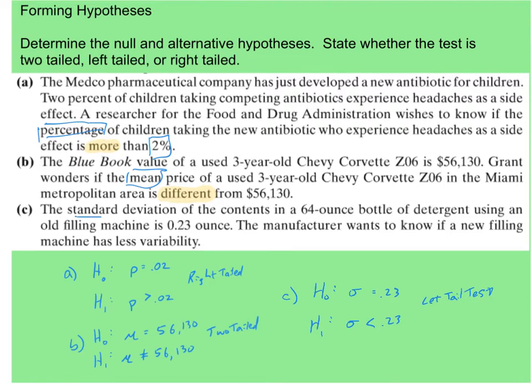Here's standard deviation. Less variability. There's more standard deviation. And I think those are the only things indicating standard deviation. And then how did I know that this was, oops, I spelled left wrong, left. There we go. How did I know that this was a left-tail test? Well, it's right here: less variability. So those words often come at the end. They could be earlier, but you just have to find the keywords that indicate what type of test it is.